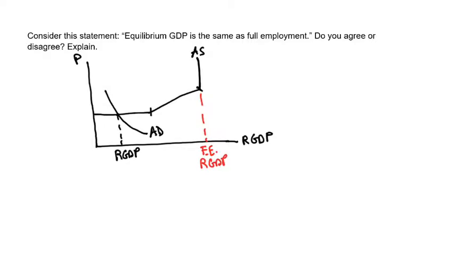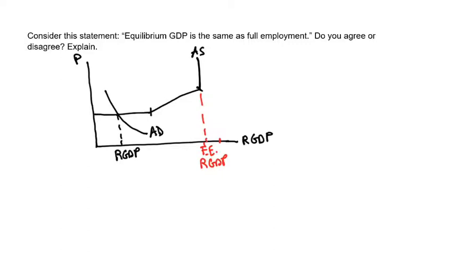How do we know that? Because at full employment, we're using all the resources to produce the maximum amount of goods and services in the economy. This economy is using all the resources, and it is not possible to produce anything more than that. For example, this economy does not have the resources to produce more than full employment level of output.